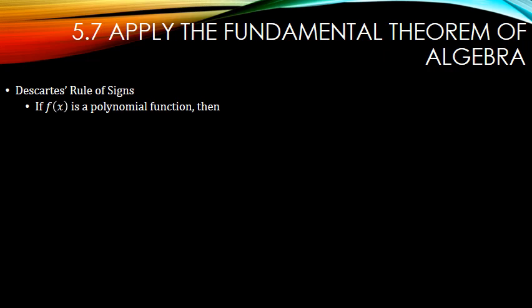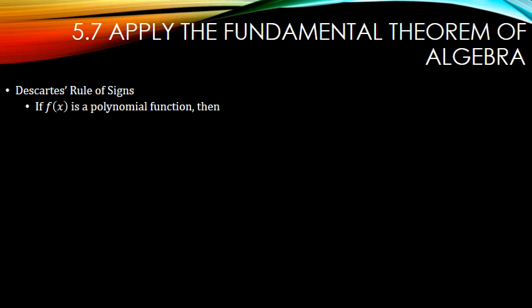A few other things. This is more for if you didn't have a graphing calculator or a calculator at all, and you wanted to narrow down that list of p's and q's for the zeros. Descartes' rule of signs.